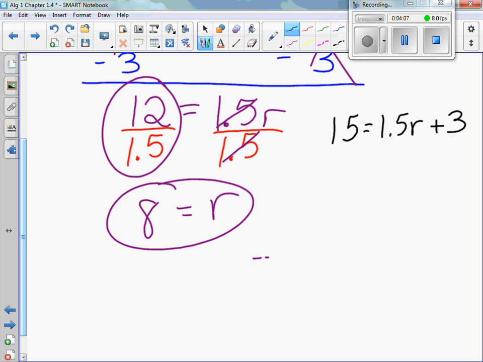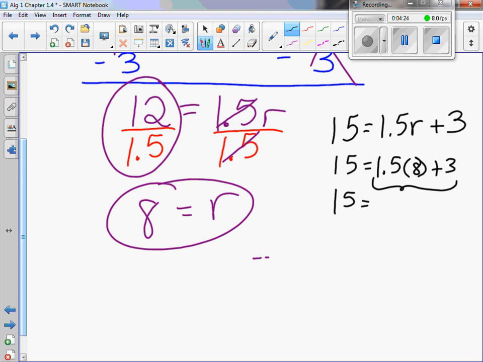So our original equation is 15 equals 1.5 r plus 3. To check, all we're going to do is plug in 8 for r. At this point, you can type in the calculator 1.5, parentheses, 8, close parentheses, plus 3, hit enter.